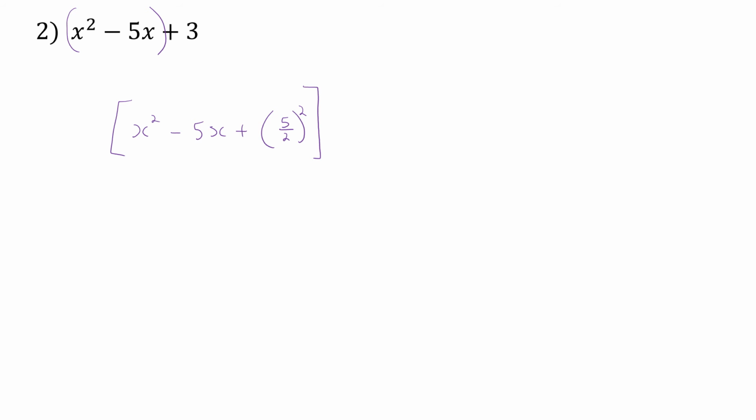So how did I get 5 over 2? Remember, a half multiplied by 5 over 1, because 5 is b. So I'm trying to find half of b. And half of b in this case will be 5 over 2 because it cannot break down any further. Just following the rules.